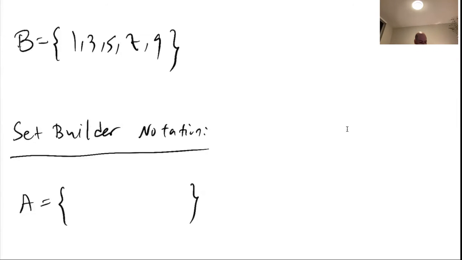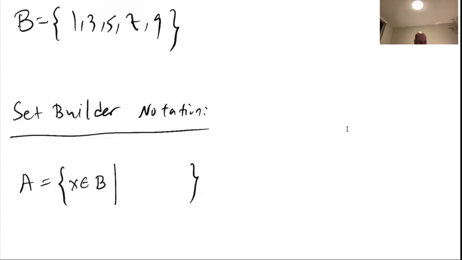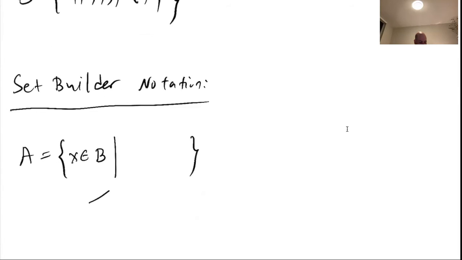And then we describe the elements, right? So x belongs to some set, let's say B, and then we write this vertical bar, which means "such that". Read "such that". And then we describe the elements.